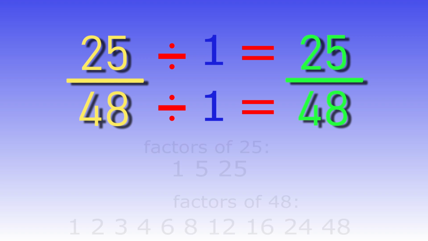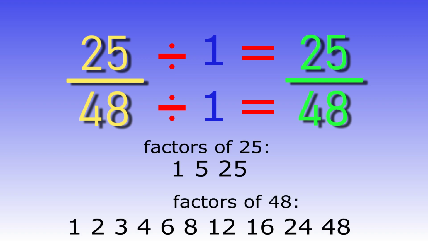Now these two numbers share no other factors, so there's no common factor that we can use to divide top and bottom. The fraction cannot be reduced, so it is already in its simplest form. Actually, this is the purpose of reducing or simplifying a fraction. It is to get the fraction to numerators and denominators that cannot be reduced any further.